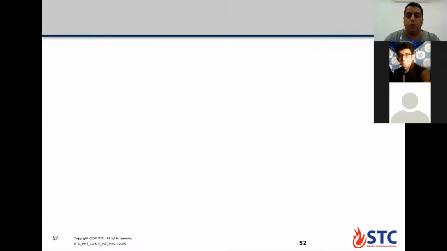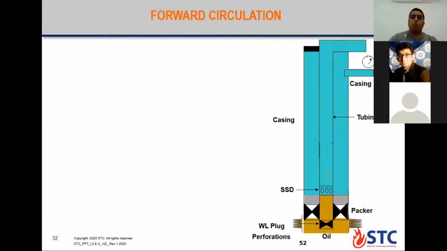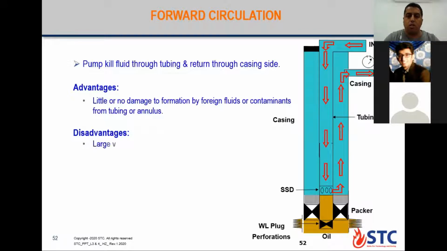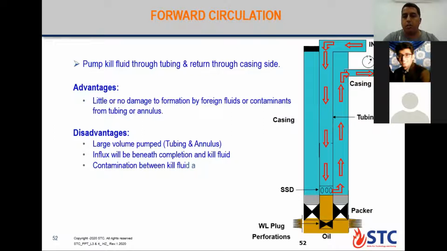Okay. Moving to circulation methods, we'll start first with forward circulation. In forward circulation, as we said, in the well you start to pump in from the tubing. First, you run with a slick line, as we said, to put a wire line plug at the bottom of the string above the perforation.